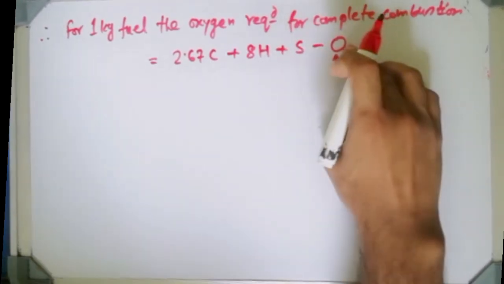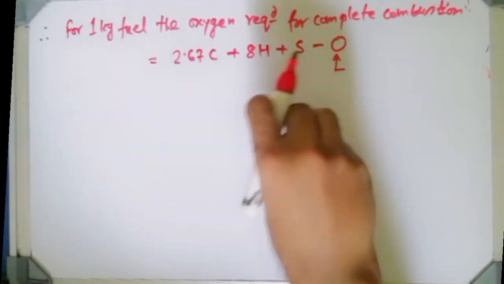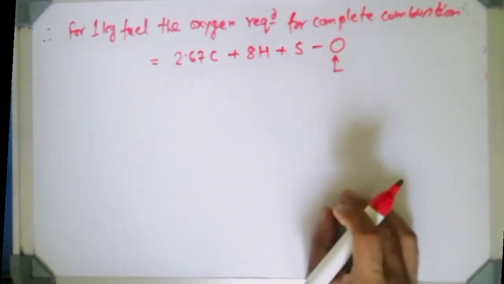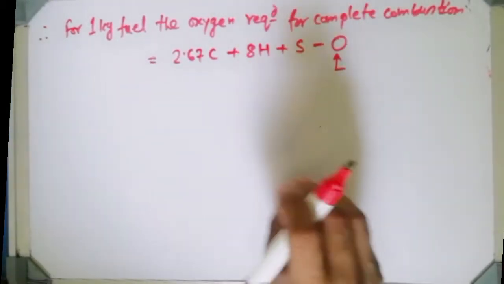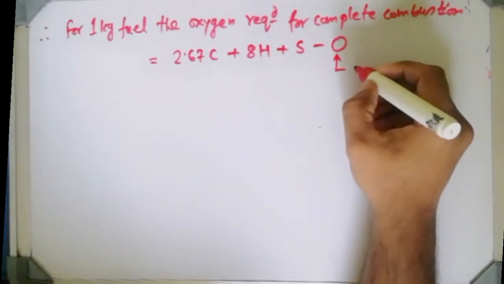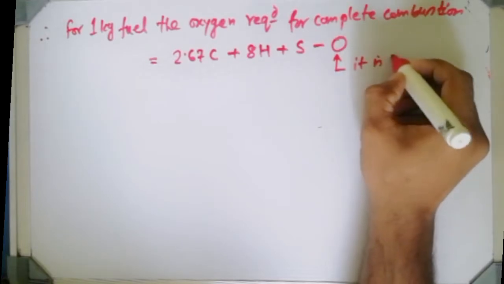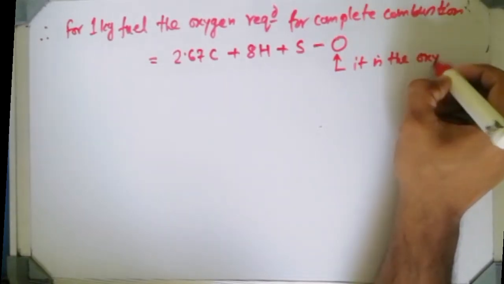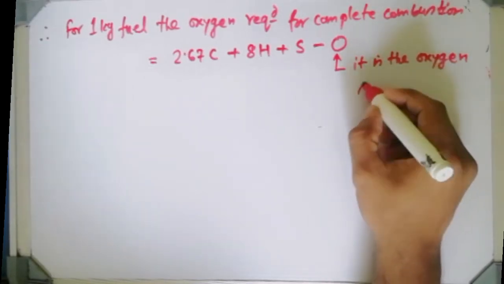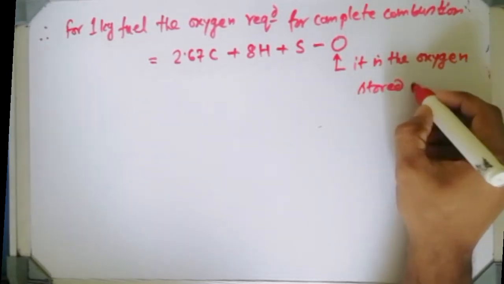So I am writing that: it is the oxygen entrapped in the fuel, or stored in the fuel. Obviously, if some amount of oxygen is already stored inside the fuel, some compensation will be done by this oxygen.